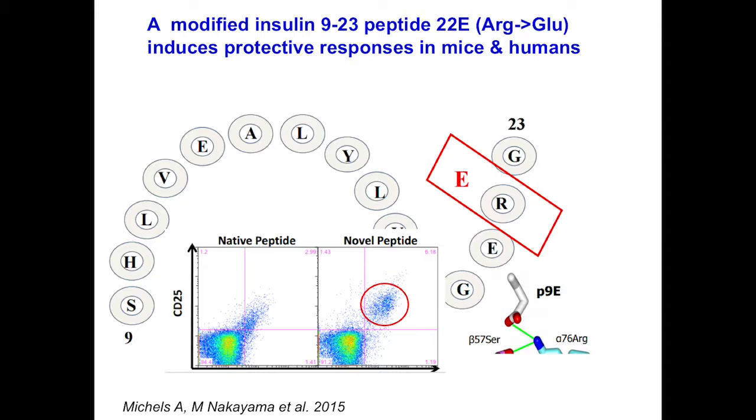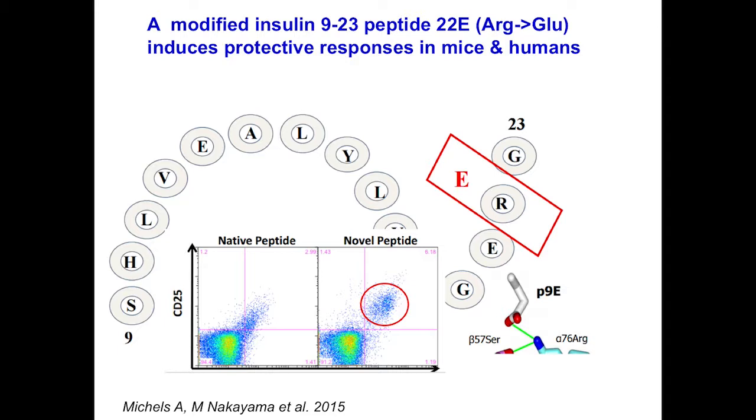And here's an example of the same 9-to-23 B peptide with one substitution at position 22, arginine for glutamine. In experimental studies, including newly diagnosed type 1 patients, it shows very interesting properties of inducing an IL-10 response.